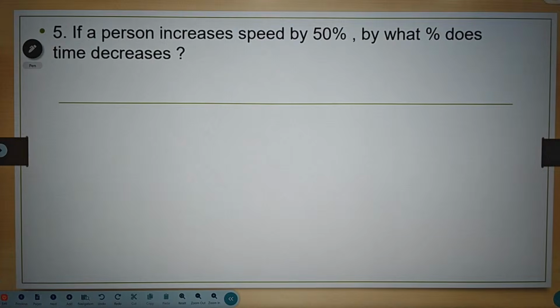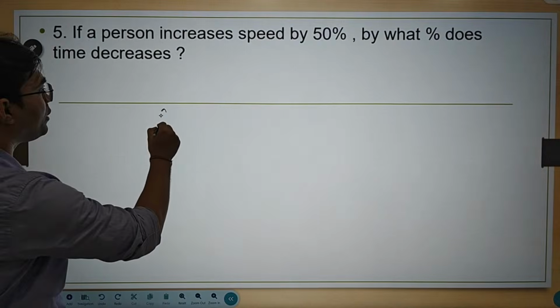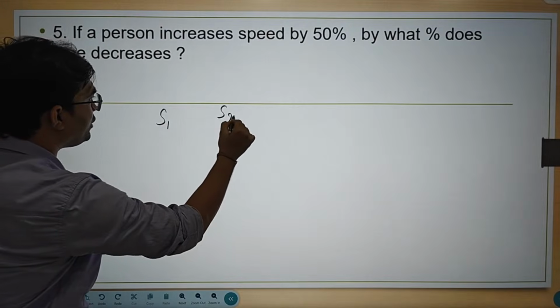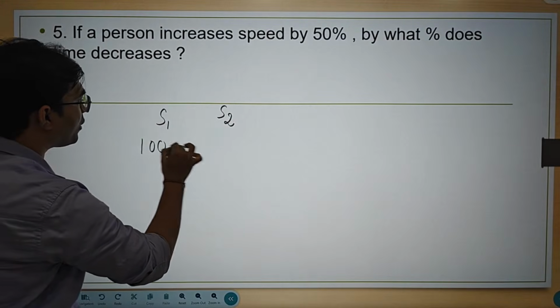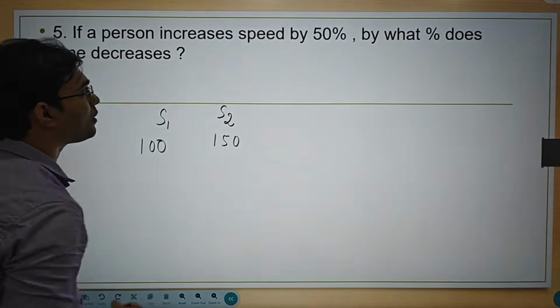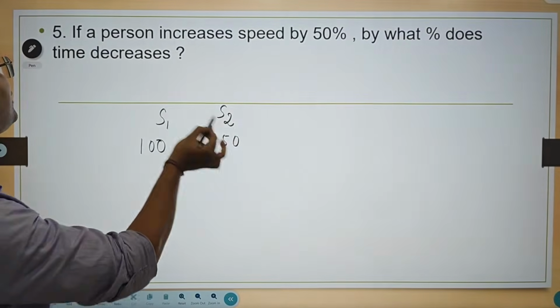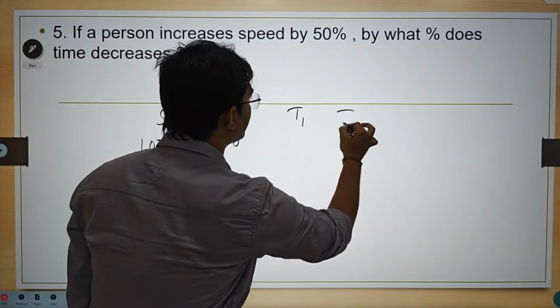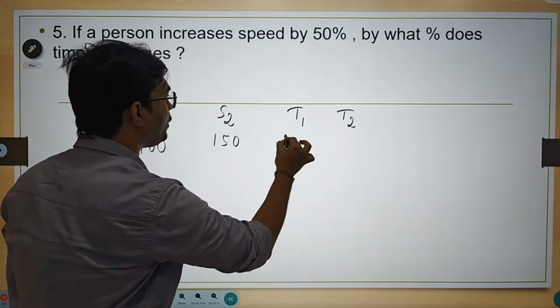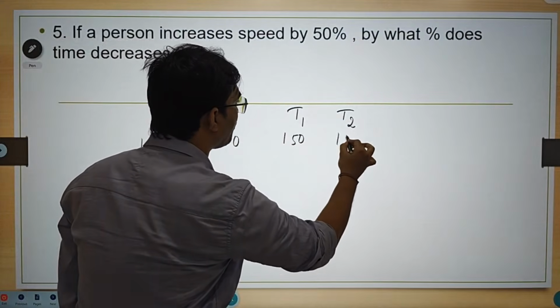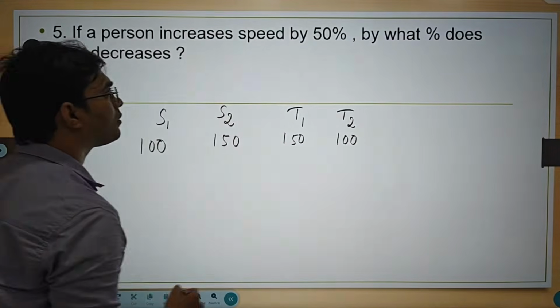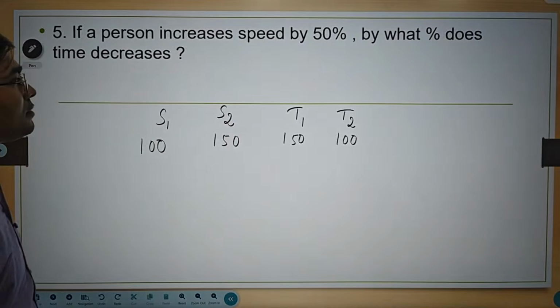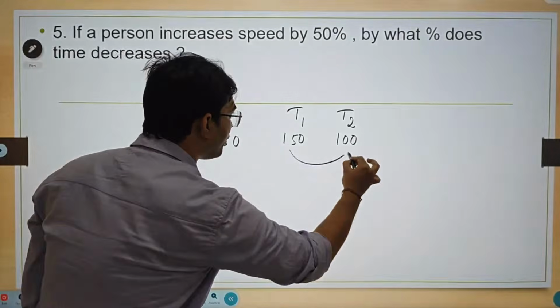Right. If a person increases speed by 50%, what is the meaning of this? Initially, if the speed is 100 km per hour, now speed becomes 150 km per hour. By what percentage does time decrease? So T1 is to T2 will be equal to 150 by 100. What percent does time decrease? Time decreases by 50.